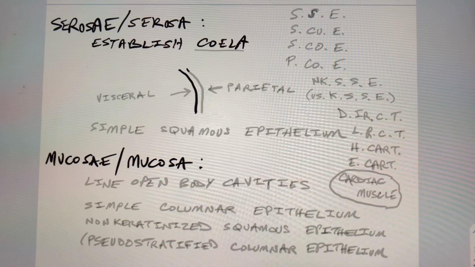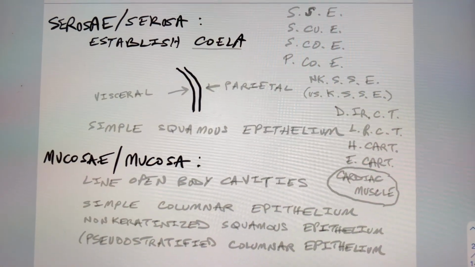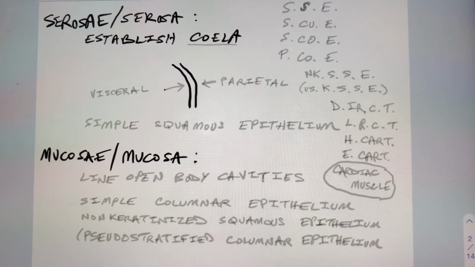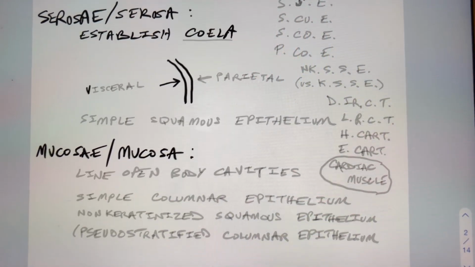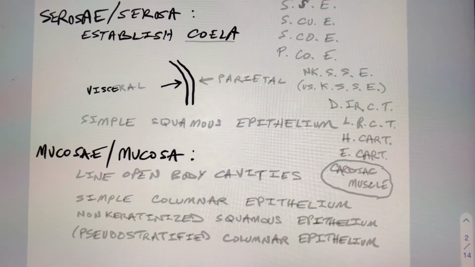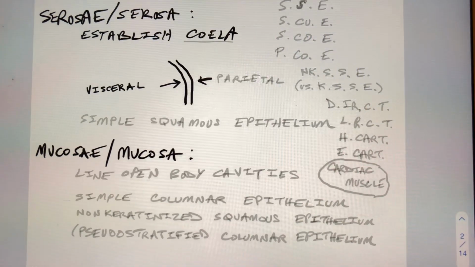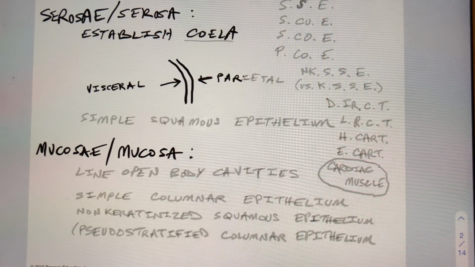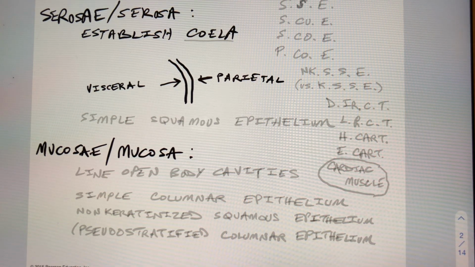So if this is a magnification of that wall, it's made out of 2 sheets, and each sheet is a serosa. This sheet is called the visceral serosa, and this sheet is called the parietal serosa.